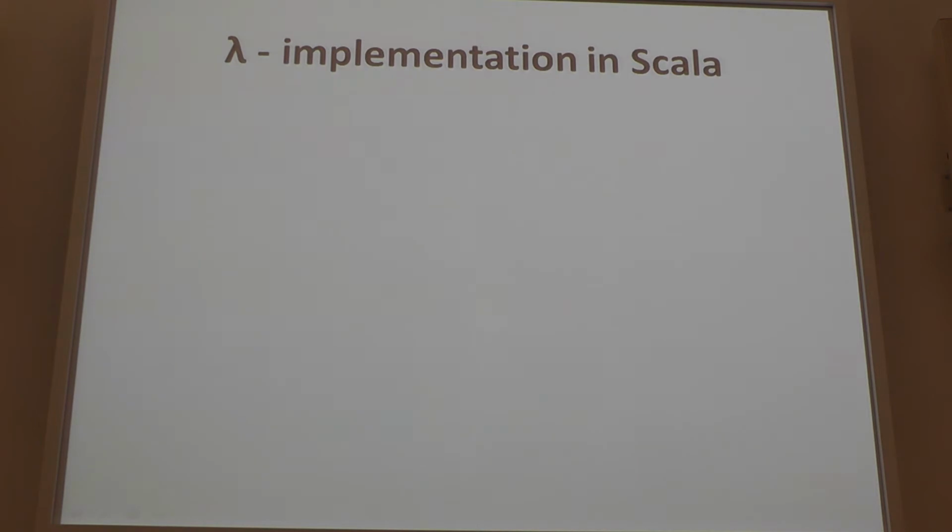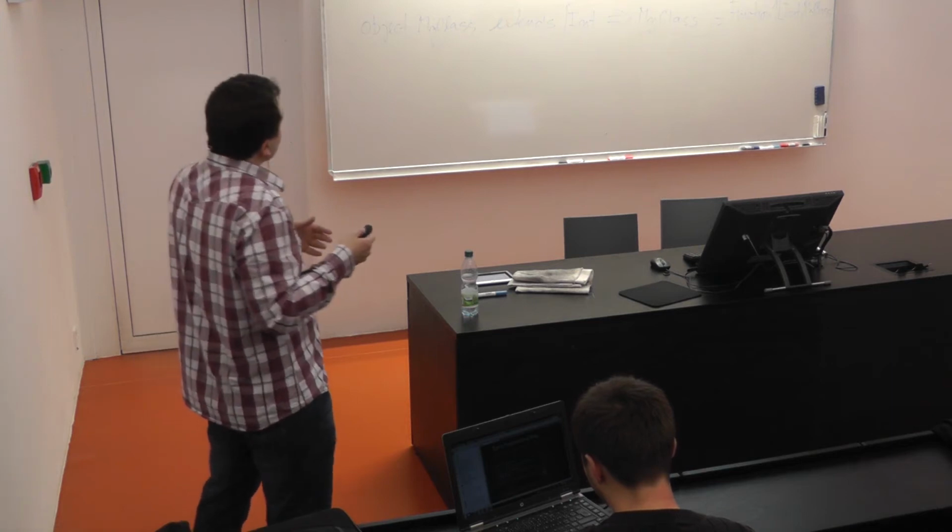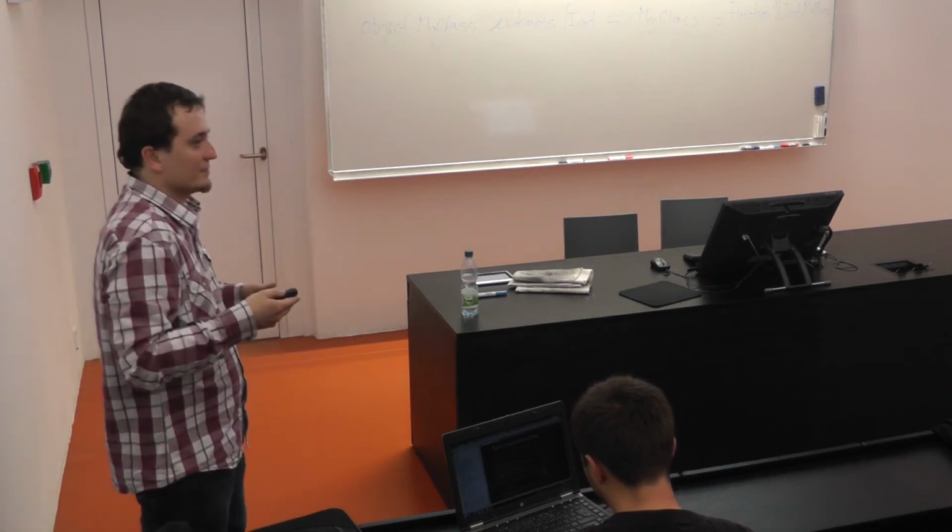First, we look at how lambda expressions or functions are implemented in Scala. As I said, there are basic traits, Function0, I guess, to Function22. And because Scala runs in the JVM and the Scala classes are compiled to bytecode, the same as Java classes, and the current Scala 2.10 is compiled to Java 6 bytecode.